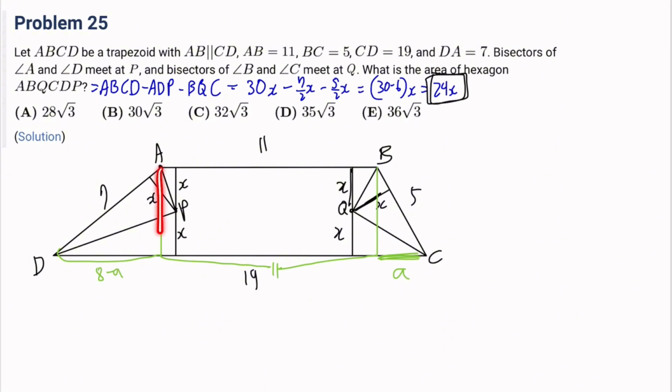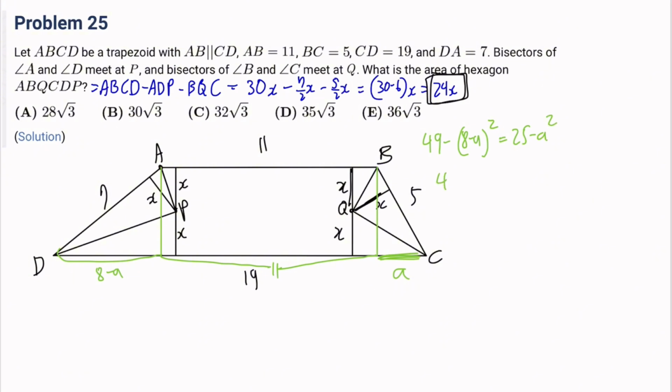So now, since those two triangles have this in common, that means 7 squared minus 8 minus a squared equals 5 squared minus a squared, right? So if we write that down, 7 squared is 49, minus 8 minus a squared equals 5 squared minus a squared. So 5 squared equals 25, right? So it's 25 minus a squared.